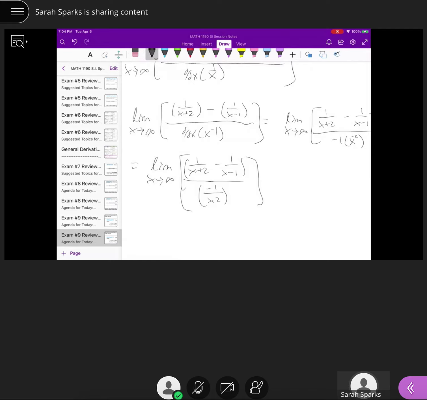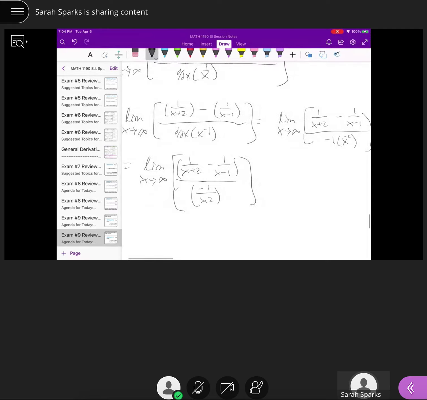So there's one more thing that I want to do before we apply L'Hopital's rule, and that is, I want to combine these two fractions. Since we don't even know if we're going to need to use L'Hopital's rule again, we can bring that negative 1 over x squared to just be a negative x squared. Right?